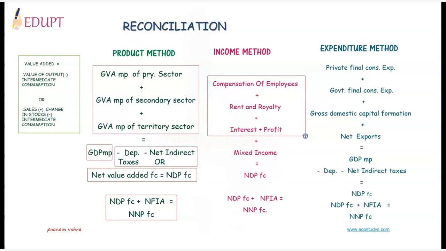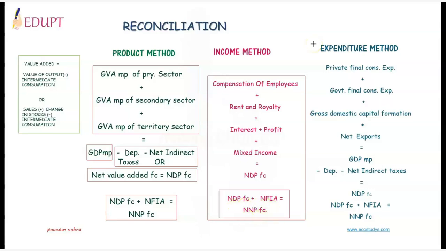Then there are some people who are self-employed. For those it is mixed income. All these components are added to get NDP at factor cost, which is domestic income, and then net factor income earned from abroad is added to it to get national income, or NNP at factor cost.